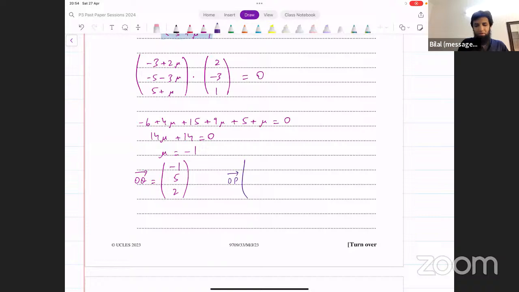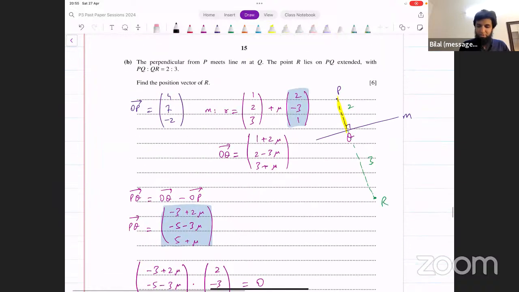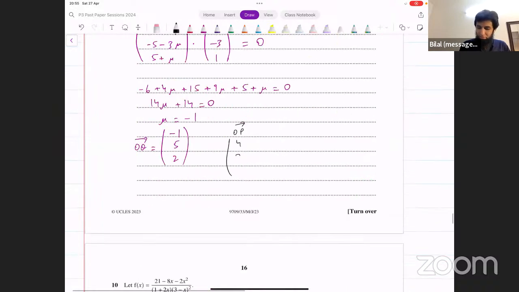Let me explain how. Let me write it like this to save some space. That vector OP is given by 4, 7, minus 2. And then you have OQ. OQ is minus 1, 5, and 2.